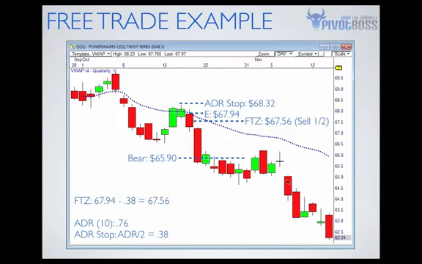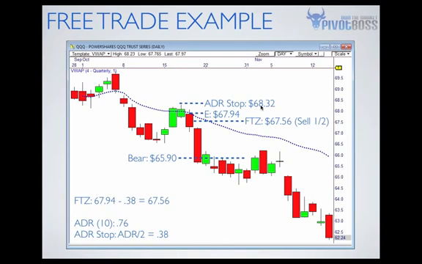So what we're able to do here is we see the entry at 67.94, right? We calculate our ADR stop to be 68.32 because the 10-day ADR is 76 cents. 76 divided by 2 is 38. 38 plus 67.94 gives us 68.32.